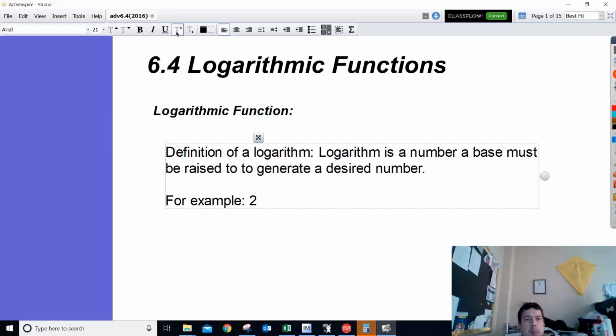For example, 2 to the x equals 508. Logarithm is that value of x. It's basically an exponent, that's all it is.